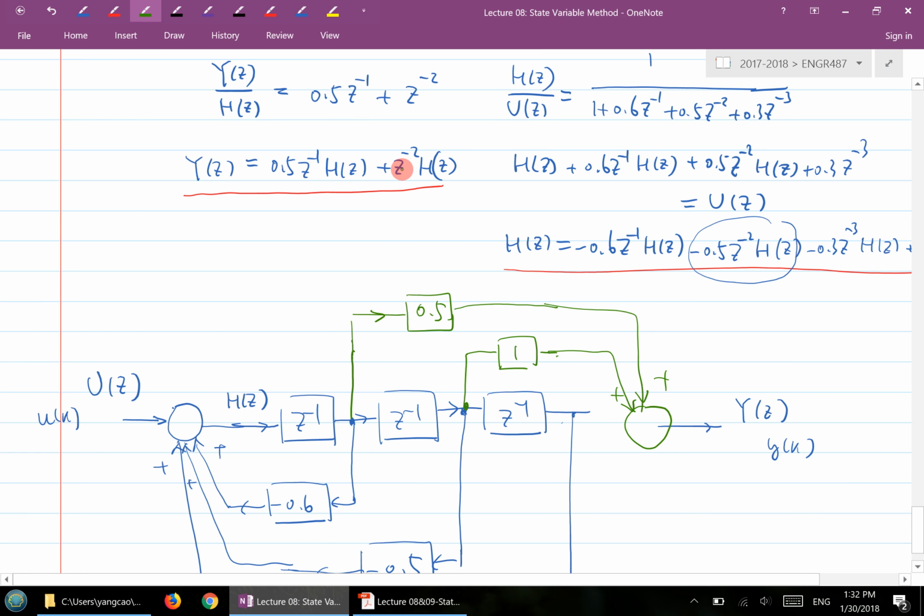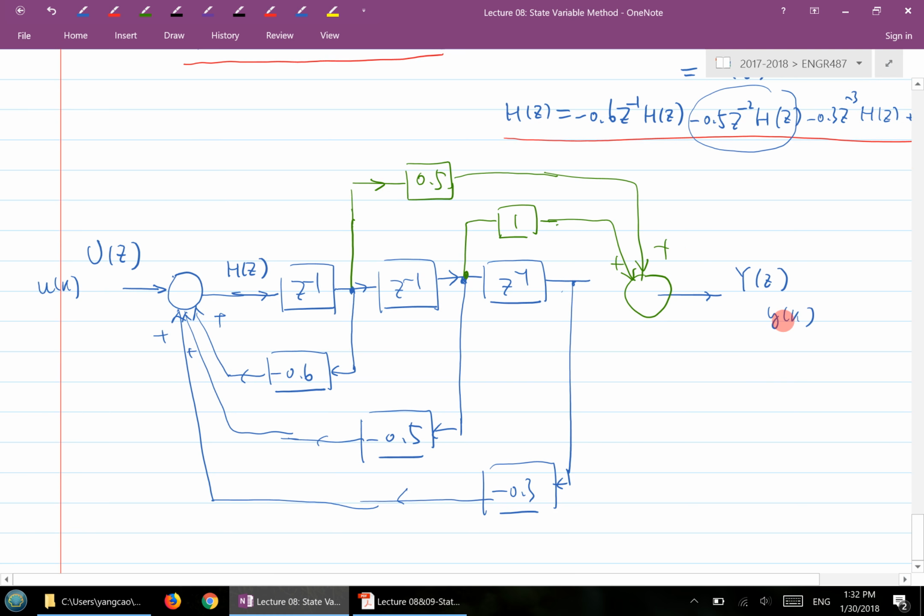As a matter of fact, if you're going to build a circuit, this is essentially how you would build it. You will have 3 registers here, and somehow you have gains go through certain means, and you build your circuits to realize this input-output relationship. Is that good?